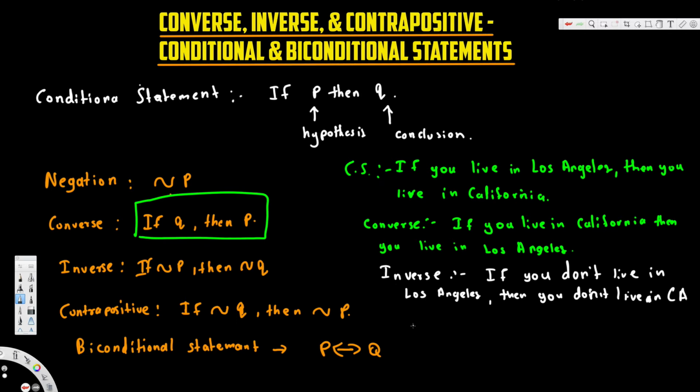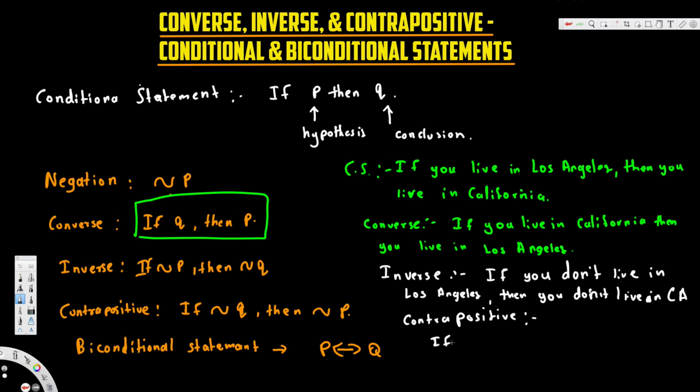Now the next thing is we are going to see what contrapositive is. We have seen that it's the reverse negation of the conditional statement, or we can say the negation of the converse. When we write this one, it's going to look like this.